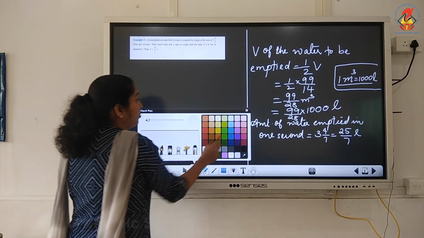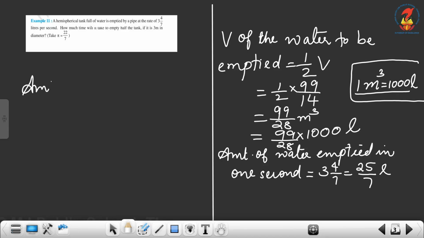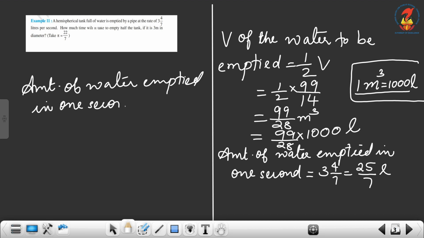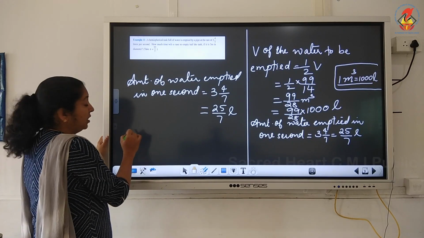So, the amount of water emptied in 1 second is equal to 3 4/7, which is equal to 25 by 7 liters. So, what is the time taken to empty this much water?